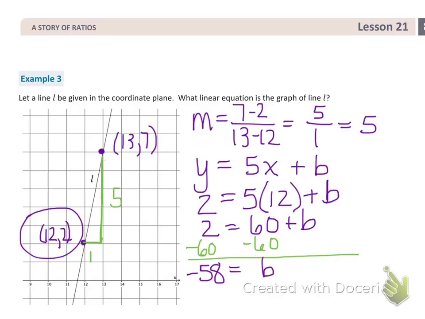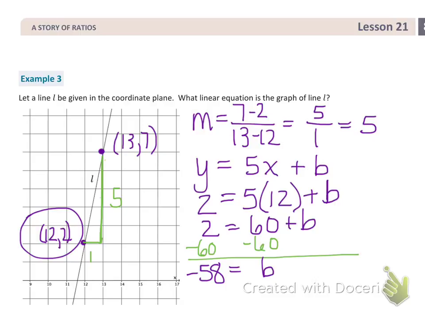So if you think about the steepness of this line, it's heading down towards the y-axis, but it's going to take a while for it to actually get there because of how steep this line is. If it was less steep, it would get to the y-axis sooner. But it's going to take a long time. In fact, it's going to cross the y-axis at negative 58.